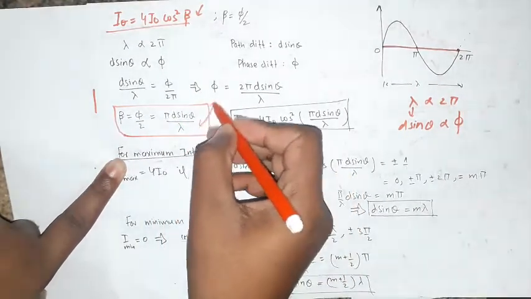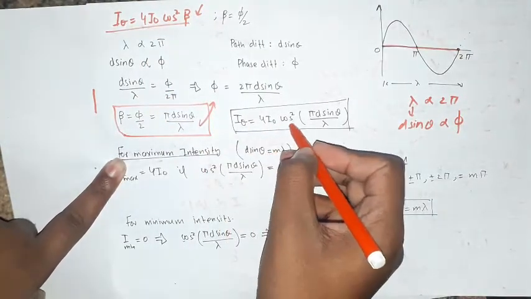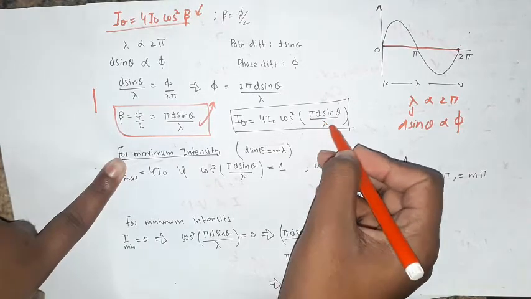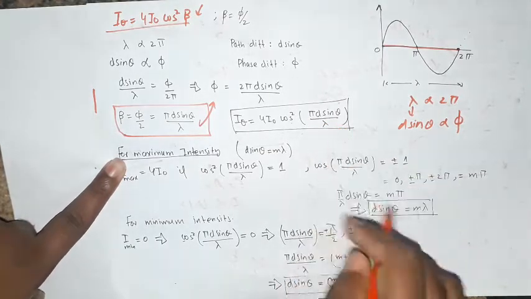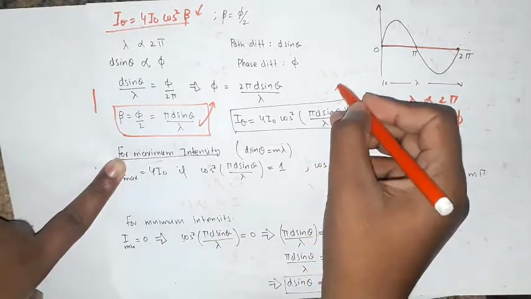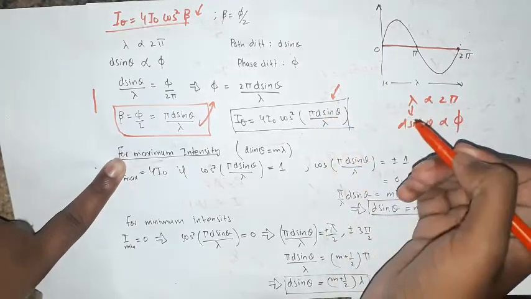Putting this value of beta into the above expression, I theta is equal to 4 I naught cos squared of pi d sine theta by lambda. So now this is our expression for the intensity in terms of the path difference.